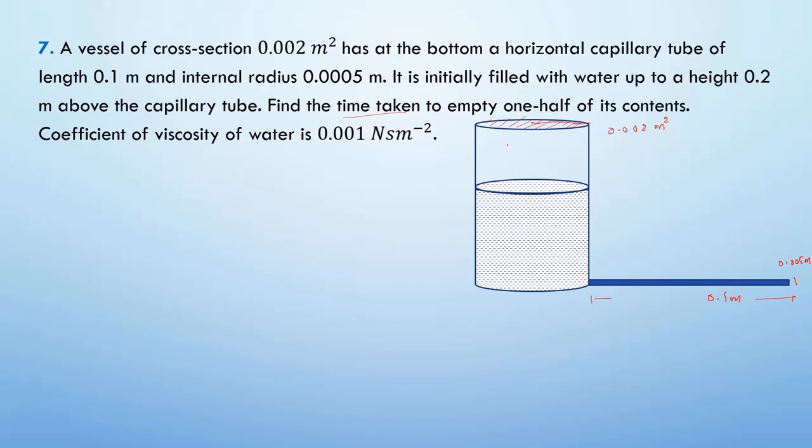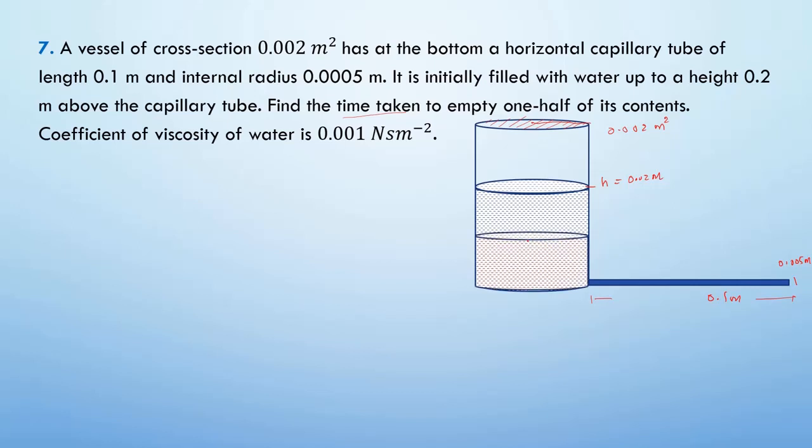It is initially filled up to a level h equal to 0.2 meter above the capillary tube, and we need to find the time taken to empty half of its content.